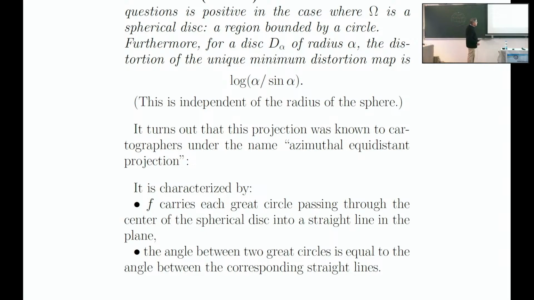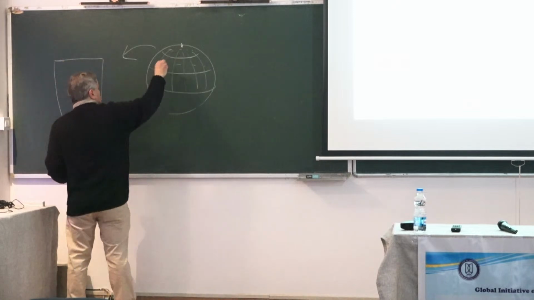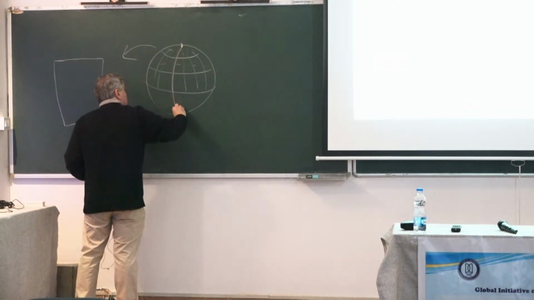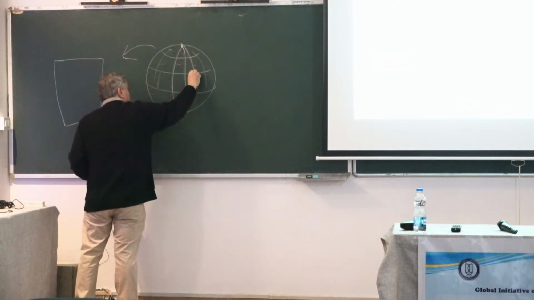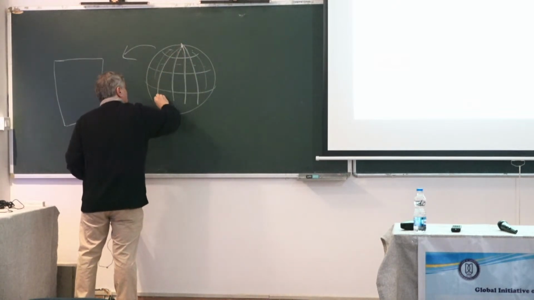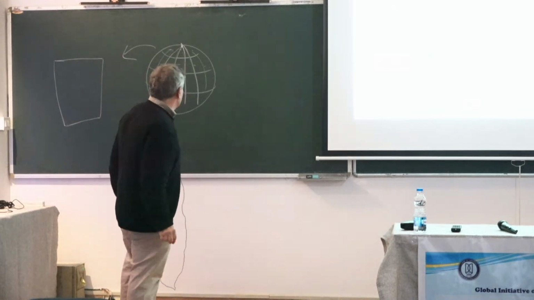I wrote here: F carries each great circle passing through the center of the sphere into a straight line in the plane. So the map is here, this is the plane. These great circles here will be sent to straight lines.